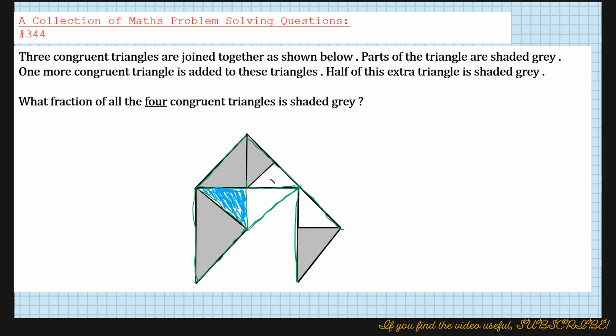So this is 1, this is 2, and if I were to draw a line, this would be 3, this is 4. So 1, 2, 3, 4, they are all equal in area, right?